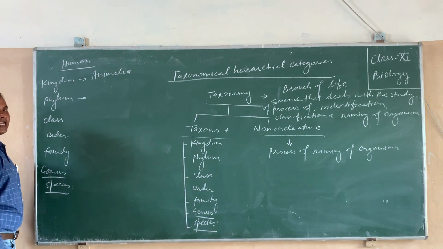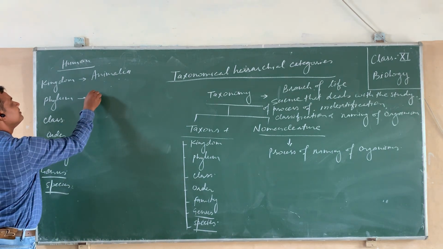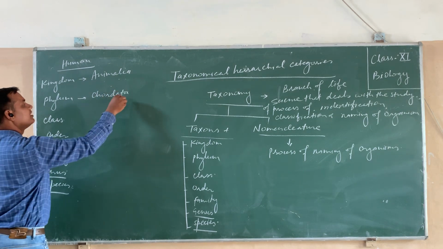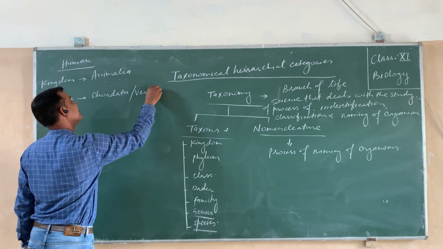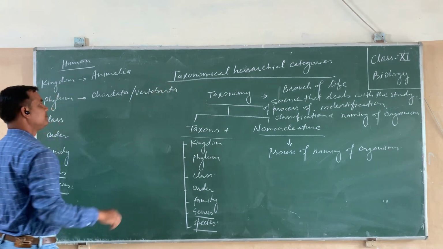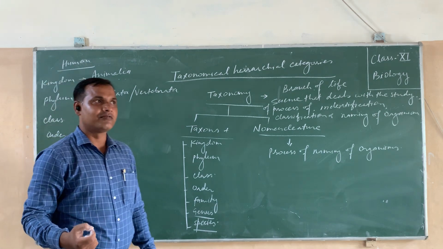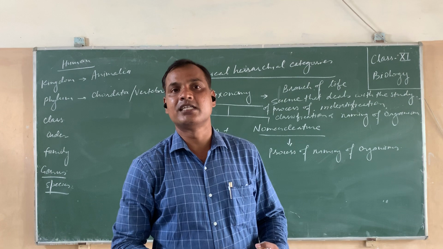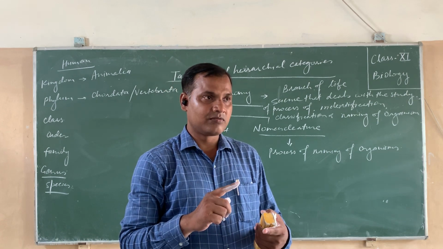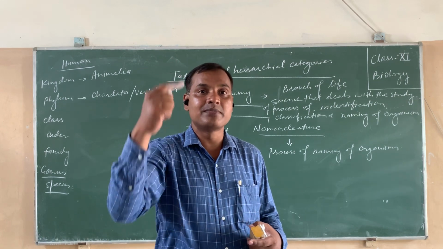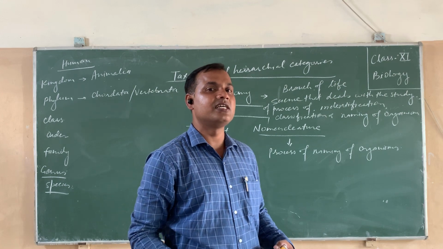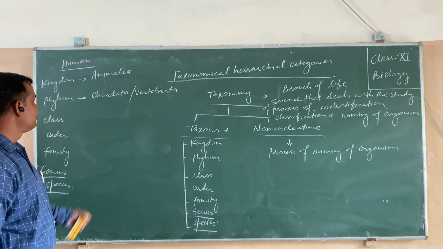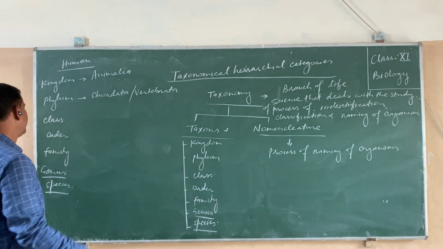So don't be surprised, we are animals. Phylum will be Chordata. You can also write Vertebrata. There is a slight difference between Chordata and Vertebrata. All vertebrates are chordates, but not all chordates are vertebrates. Means the chordates which possess the vertebral column, the backbone, must be considered as vertebrates. Since human beings possess the vertebral column, that's why they belong to the phylum Vertebrata.